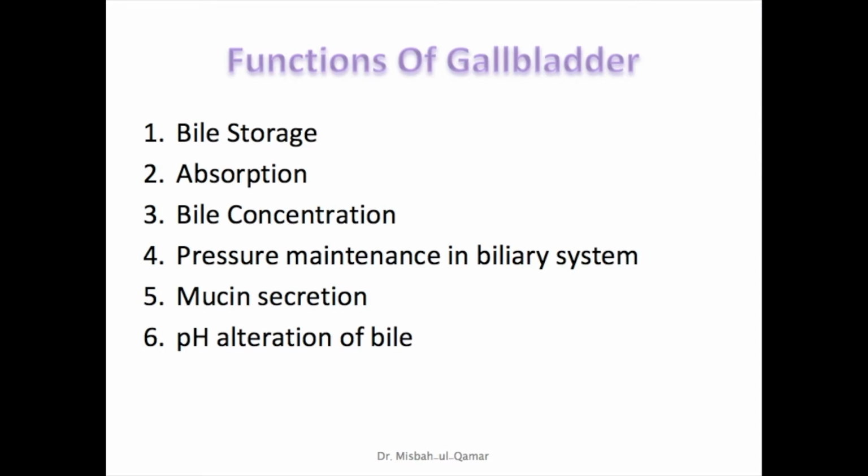Now, due to the concentrating capacity, the gallbladder maintains a pressure of 7 centimeters of water in the biliary system. And this pressure is essential for the release of bile into the intestine. Then you see mucin is added to bile when bile is released into the intestine, which acts as a lubricant for the movement of chyme in the intestine.